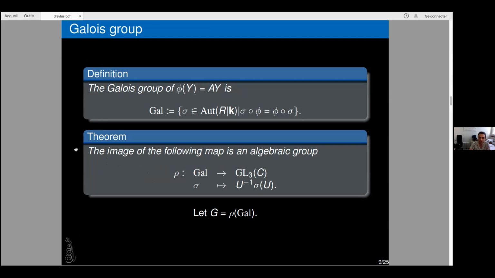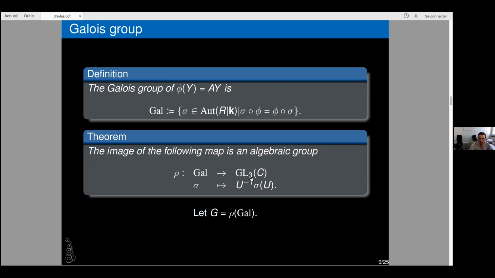It's the group of automorphisms of R leaving K invariant and commuting with your automorphism phi. A very important result in Galois theory is that you can embed your Galois group into a subgroup of GL3. It's quite obvious: if you map sigma to U^{-1} sigma(U), it should be in GL3 of R.